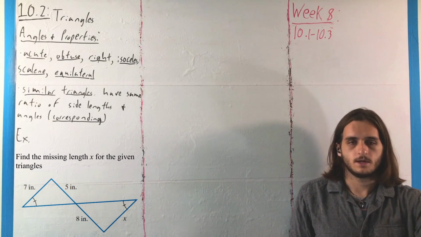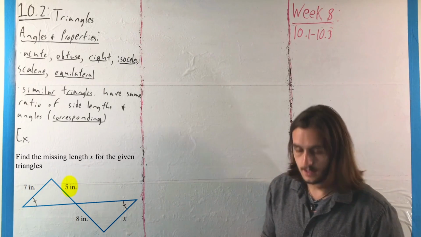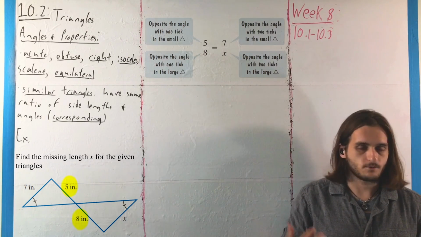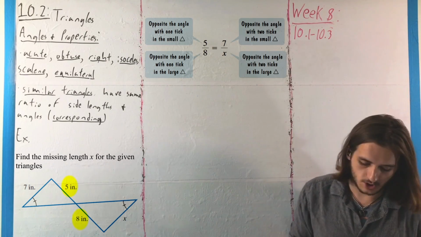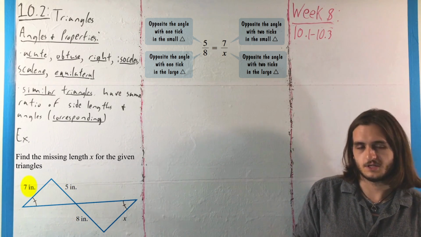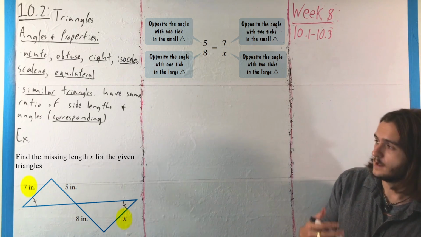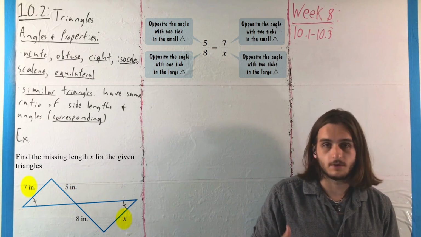So looking at the two that sort of jut across that vertical angle that are given, the 5 and the 8, we must have that ratio, 5 to 8, matches across to the side length 7 with the missing side length x. That is, 5 over 8 is equal to 7 over x.